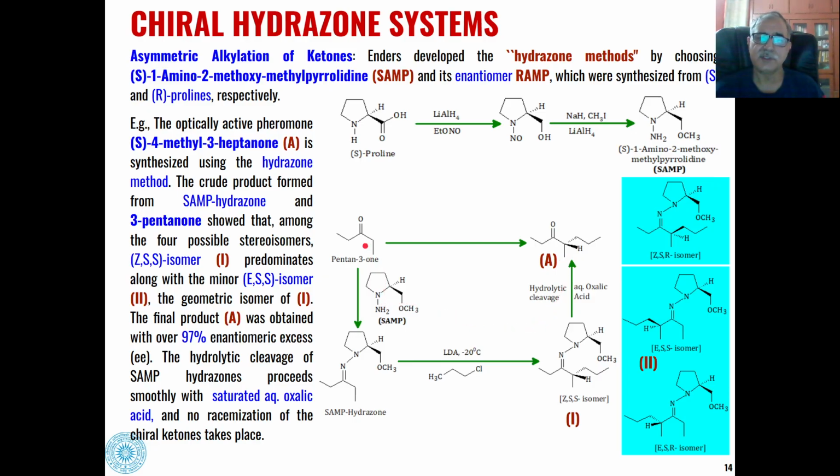So first this ketone reacts with this amino group to form this type of hydrazone.